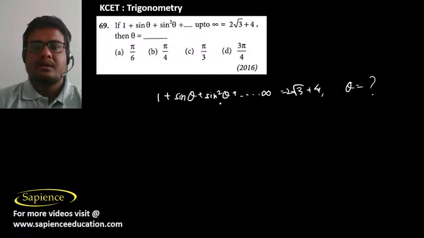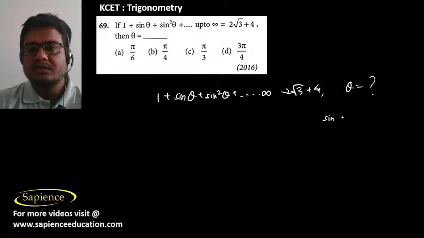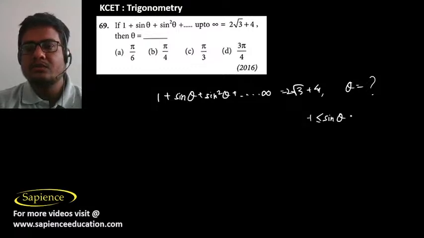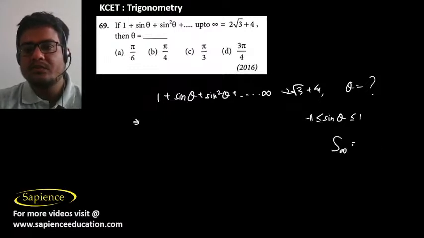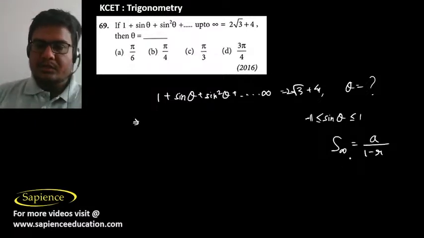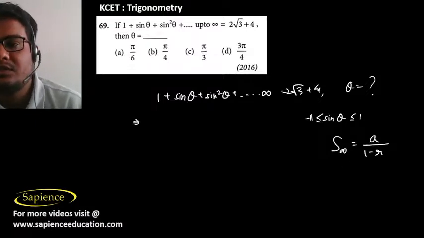Okay. So we know that the value of sine theta will be from minus 1 to 1. So this is an infinite GP where the common ratio is in between minus 1 to 1. So the sum of an infinite GP, we know, is A by 1 minus R, where R is the common ratio and A is the first term of the GP.